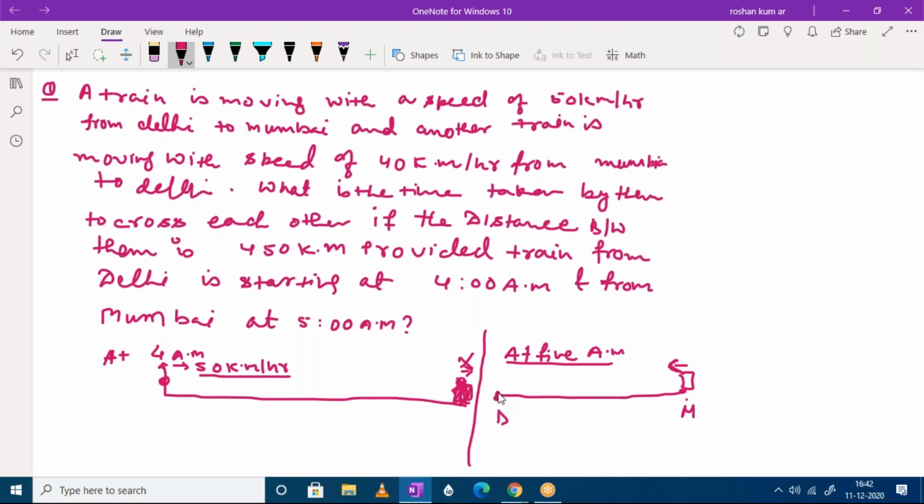What about the train that started from Delhi? Where will it be? Will it be at Delhi, or would it have traveled some distance and be somewhere on the way? What could be the position of the train from Delhi? Am I clear in my question? I hope you guys have understood the question, right?